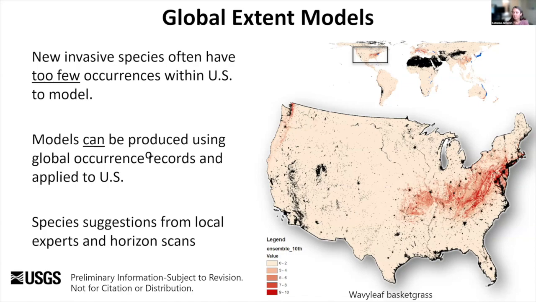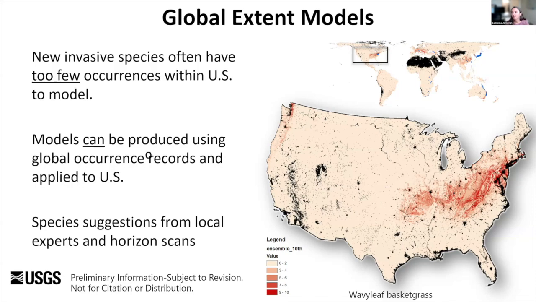Then we can conduct a quick risk assessment for those species to determine which ones might really pose a risk of becoming an impactful invader in the US. Those are species we could be on the lookout for, or the Fish and Wildlife Service has the authority to regulate what's being imported, so they could prevent the importation of some of those species.